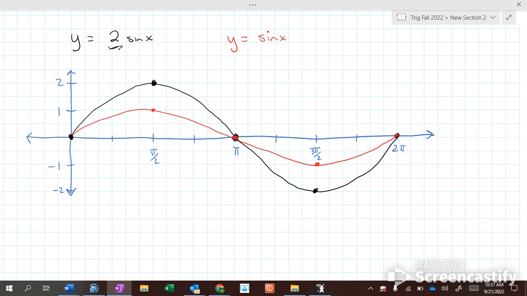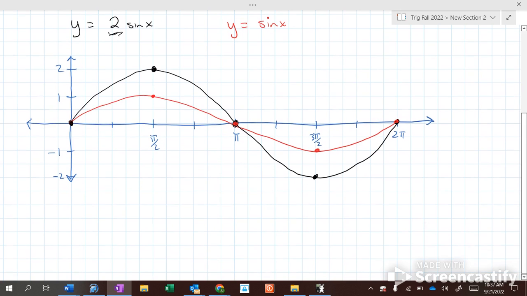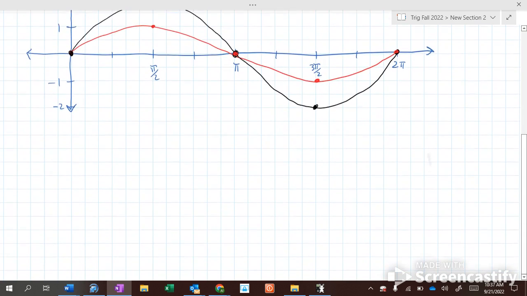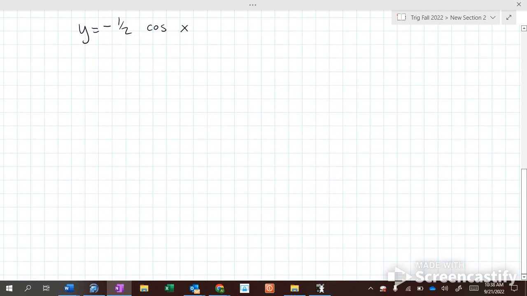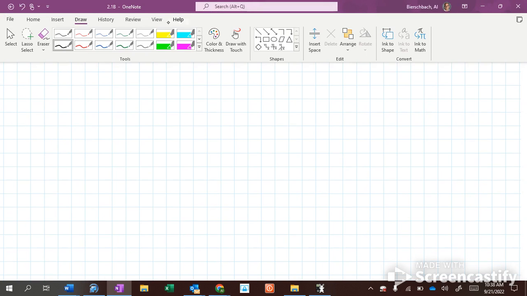Easy peasy lemon squeezy, right? Okay. Let's throw a negative in here and let's throw a cosine in here. So let's go y equals negative 1/2 cosine of x.